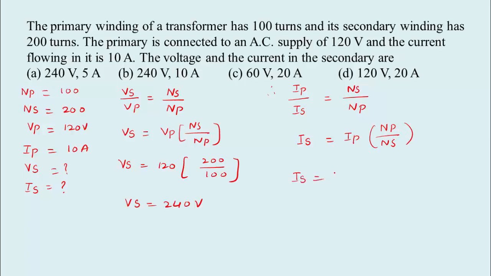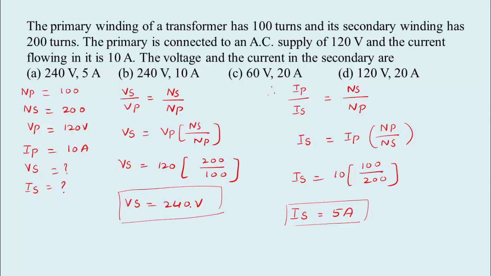Ip is 10 ampere and Np by Ns, that is 100 divided by 200. So we will get current across secondary is 5 ampere. Voltage across secondary is 240 volt. 240 volt, 5 ampere. That is option A is the right answer.